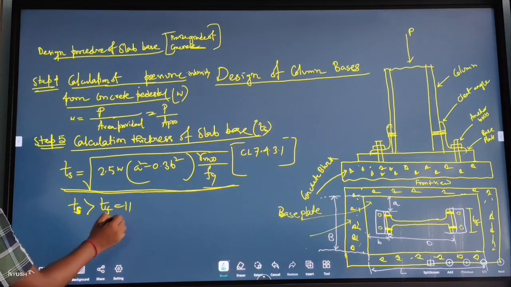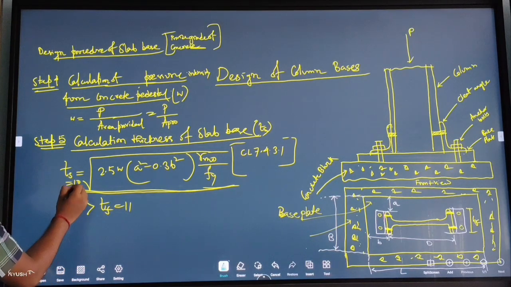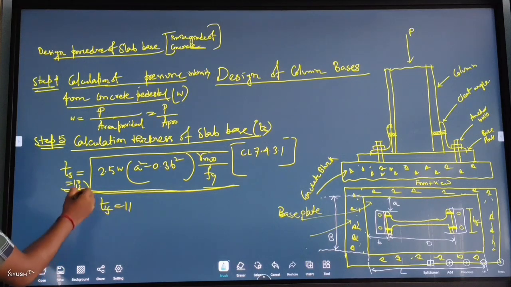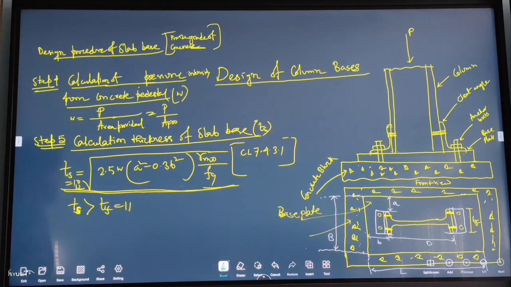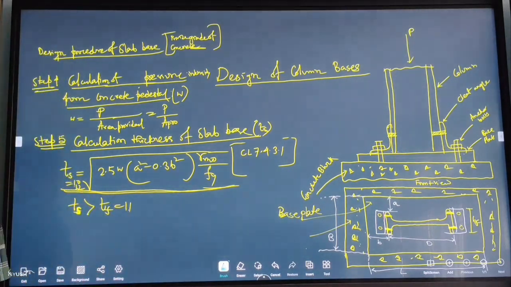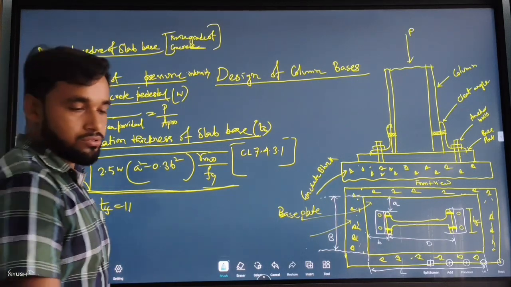Suppose this is 11 but this comes 10, then you have to take 11. If it's 12 and this is 11, then you have to take 12. The thickness of slab base should not be less than thickness of the flange. It is given in IS code also.